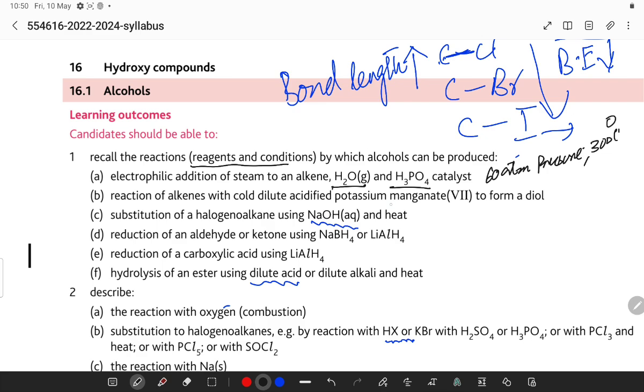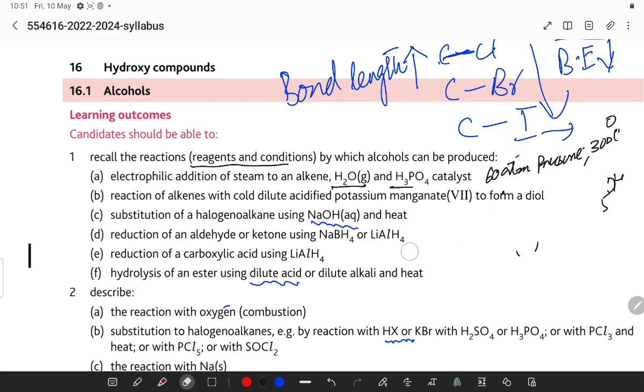So electrophilic addition of steam to an alkene to form alcohol like this, plus H2O under these conditions to form C2H5OH. Reaction of alkenes with cold acidified potassium manganate 7 to form diol.